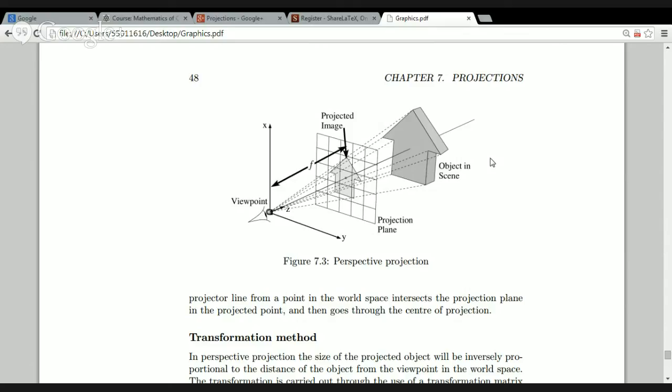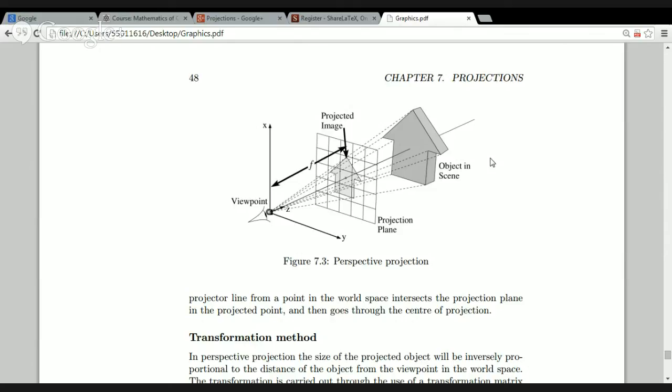We're recording where they intersect this projection screen. Now, the projection screen is oriented so that it's parallel to the XY plane. So all we need to know about it is how far away from the XY plane it is, just its distance from the origin, distance from the viewpoint. So for this treatment here, we're going to specify that distance as f.